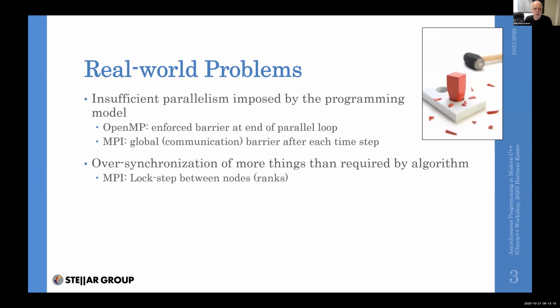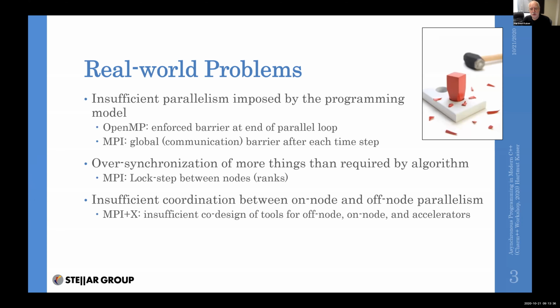We also see that we are over-synchronizing by waiting for more things than are actually required by the algorithm. As I said, the lockstepping between nodes is a clear over-synchronization, because most of the time some of the nodes could go ahead to the next time step without any problems, but the global barrier prevents us from doing so.